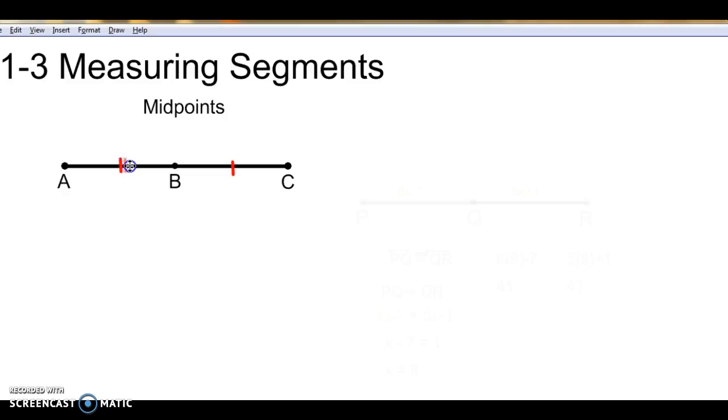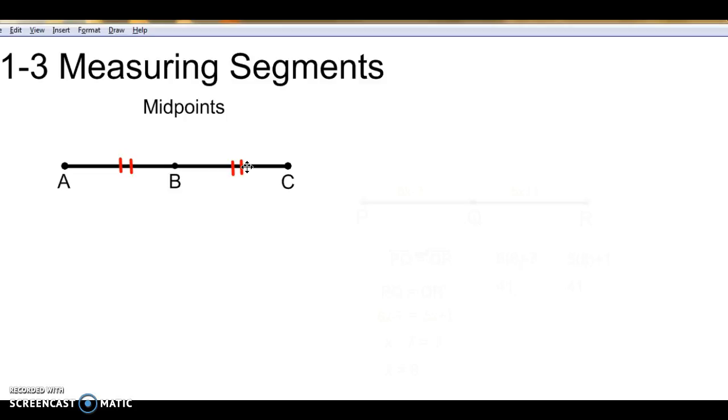Notice that if I change this, even though I didn't change where B was, I now say that B is not a midpoint just because of the tick marks. And now it's back to being a midpoint. Let's use it now.